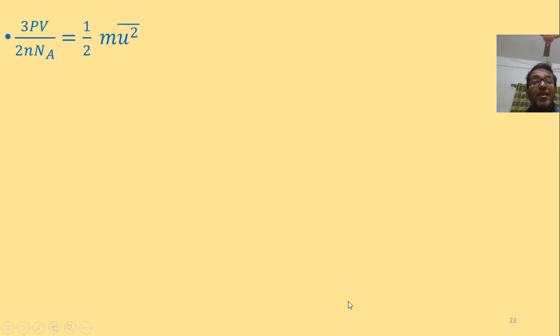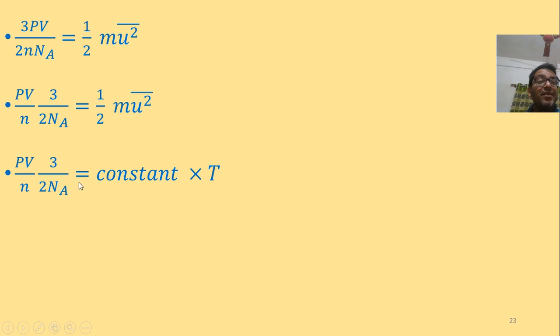So ultimately, after writing this, half m u bar square is equal to 3/2 times PV divided by n Na, where Na is Avogadro's number. So PV by small n, the number of molecules in the molar sense, into 3/2 Na is equal to half m u square.